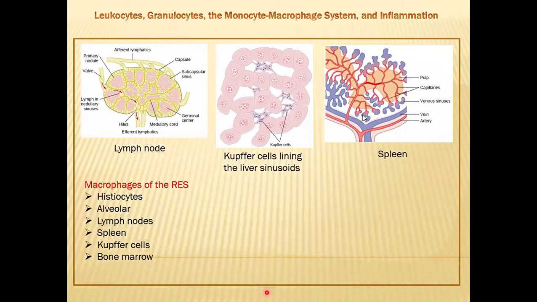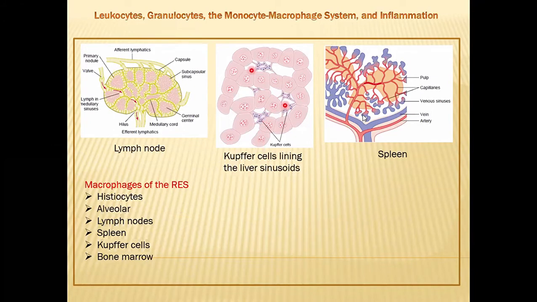These are the macrophages in the reticuloendothelial system. In histology, you learn that these macrophages are in different organs and structures in the body. Some of them have a particular name, like the Kupffer cells, which are the macrophages lining the liver sinusoids.